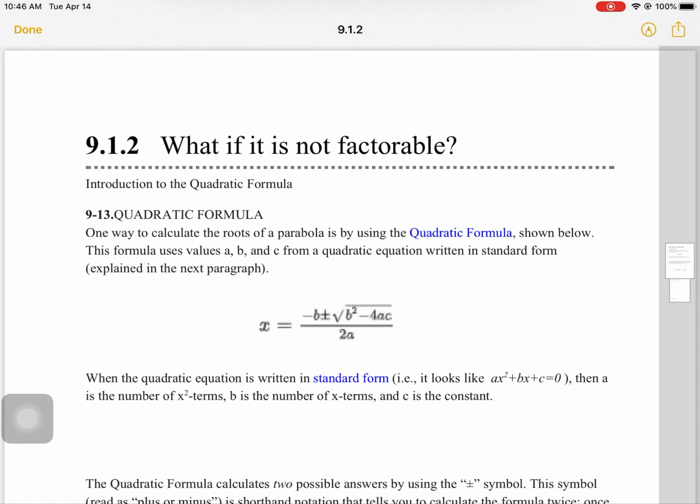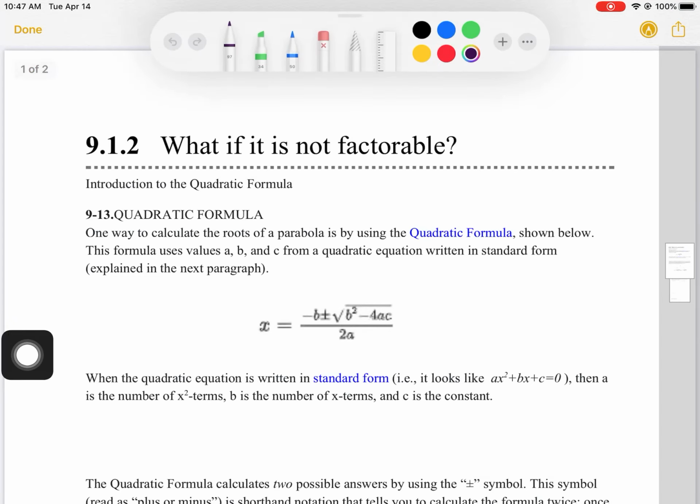So it says one way to calculate the roots of a parabola is by using the quadratic formula. The formula uses values of a, b, and c from a quadratic equation written in standard form. And then it puts it into this big formula here. When reading this, you would say that x equals the opposite of b.